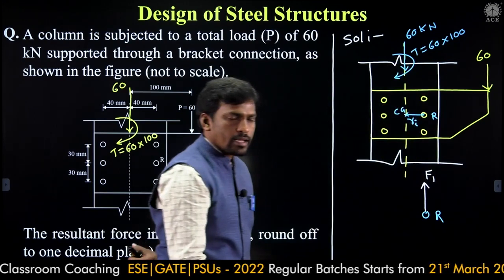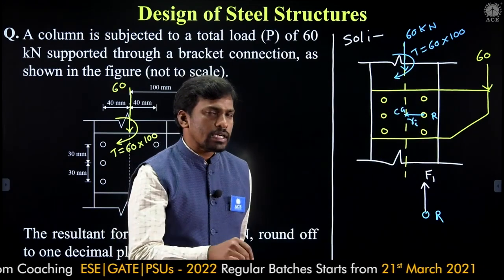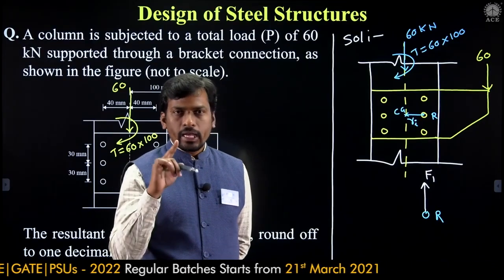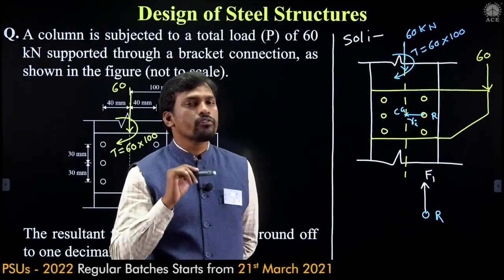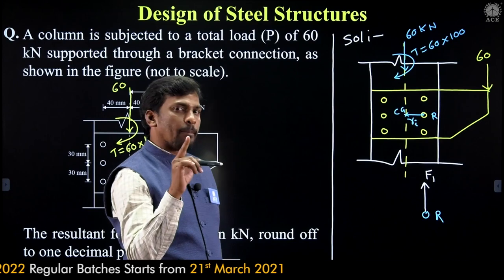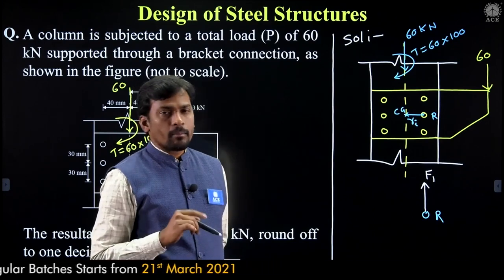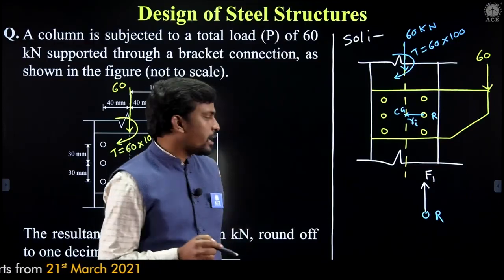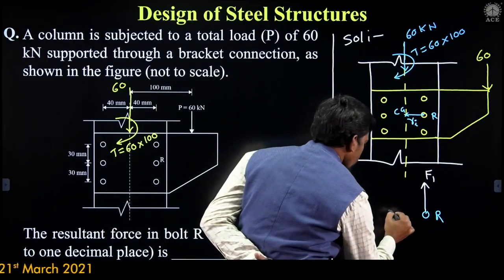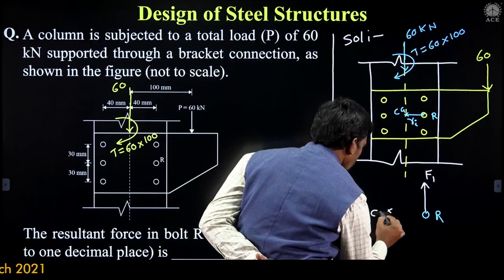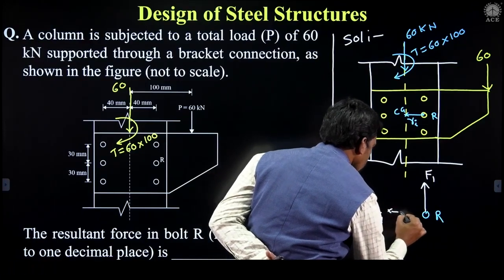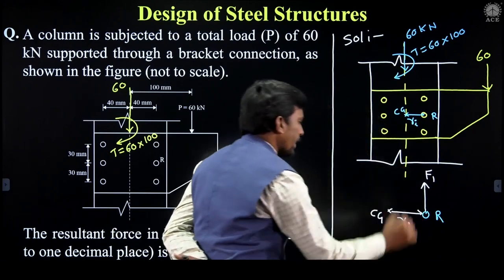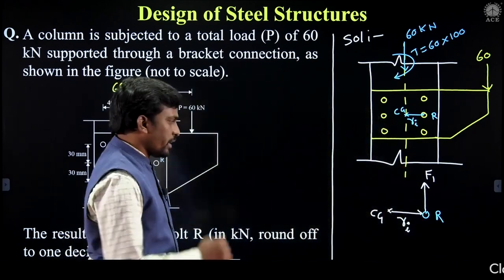Then there is a shear force due to twisting moment, that is F2. But remember, mark the F2 force opposite to the torsional moment but perpendicular to the radial distance. Now this is the center of gravity and this is the radial distance Ri.